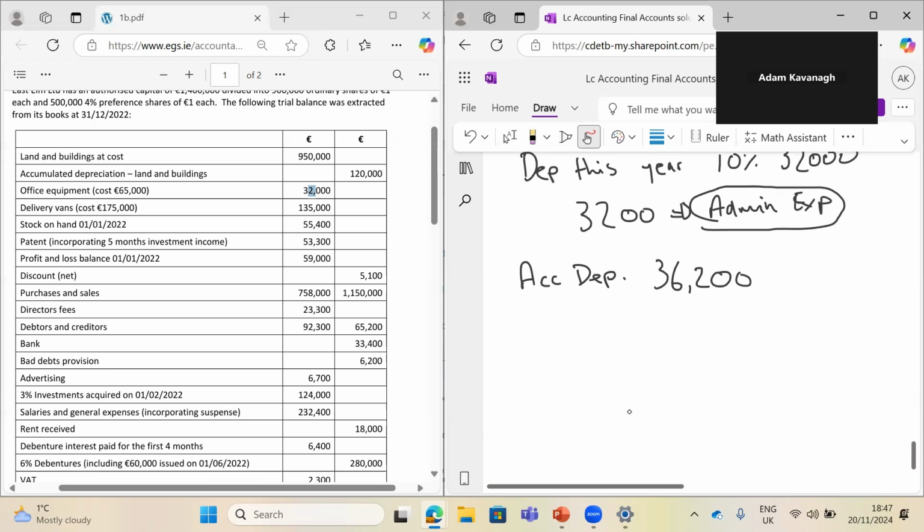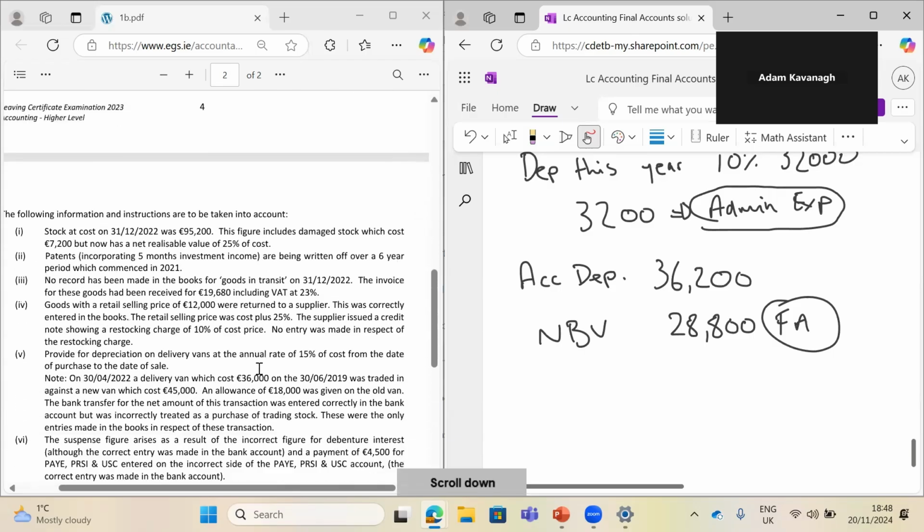Let me double check that. Which should give you a net book value of 28,800. And that is a fixed asset. Okay, last part of that adjustment.